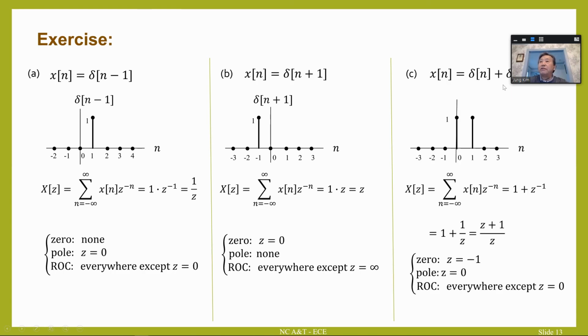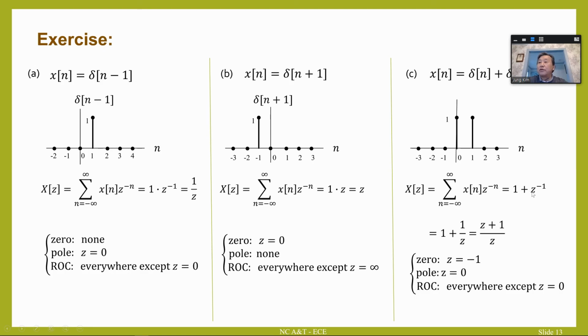This is two single values, at n equals 0 and n equals 1. So we plug in n equals 0: 1 times G to the 0 is 1. And n equals 1: x of 1 is 1, times G to the minus 1.